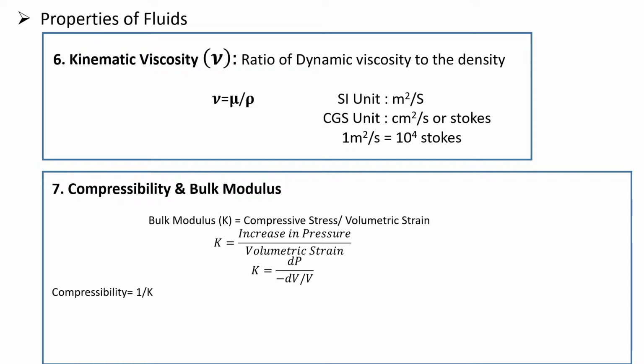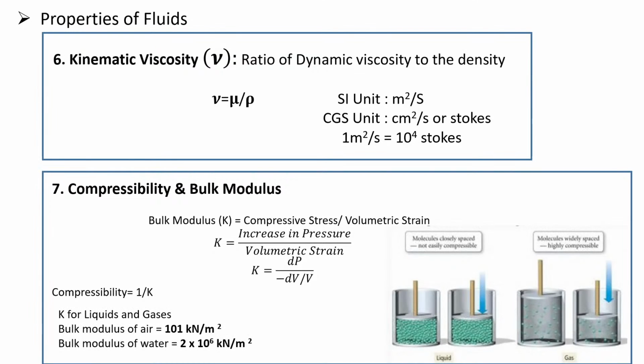That means for a substance, if the bulk modulus is very high, that fluid, that substance, is not easily compressible. Okay, so we can see that for liquids like water, the bulk modulus is 2 into 10 raised to 6. You can see this amount is very high. And for gases like air, the bulk modulus value is 101 kilonewton per meter square.